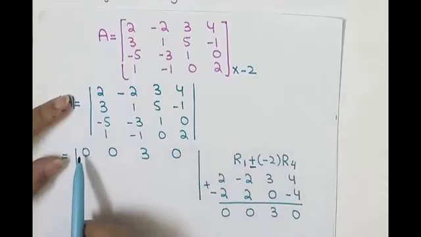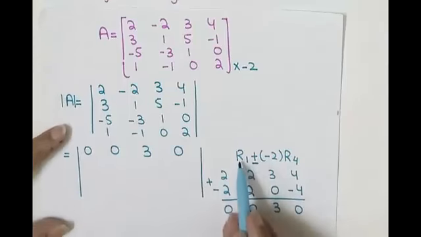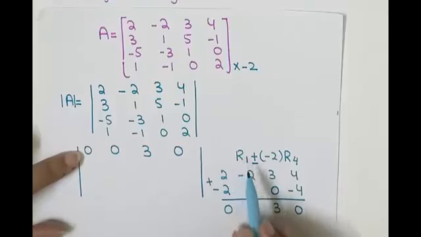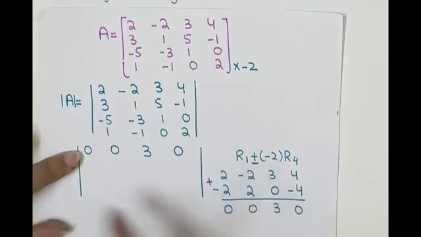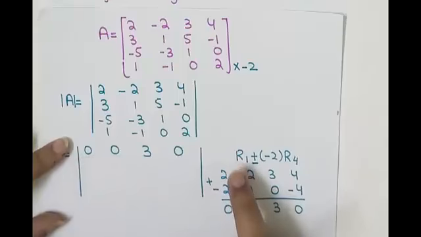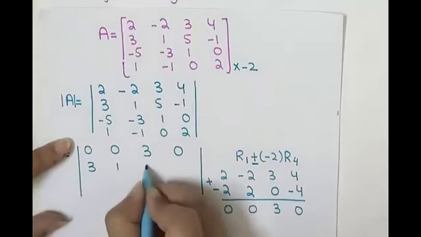So we have made 0 at the first position, right? The row in which a change is happening, that row is written first. We wish to bring a change in row 1, so we have written R1 plus minus 2 R4. The rest of the rows will be written as they are.